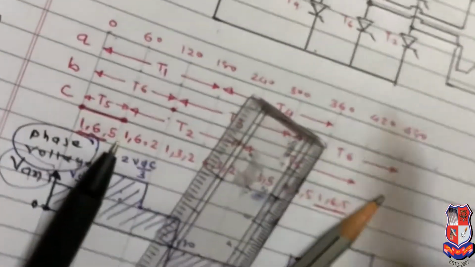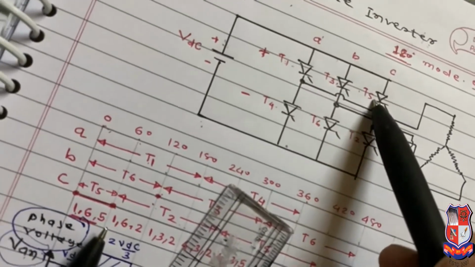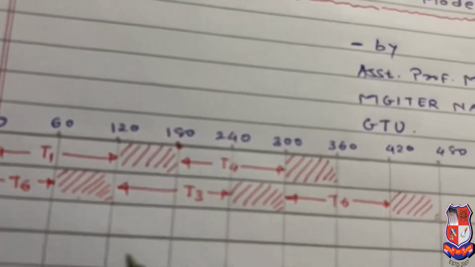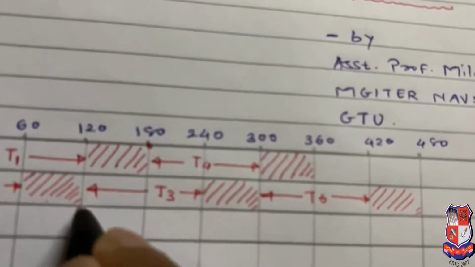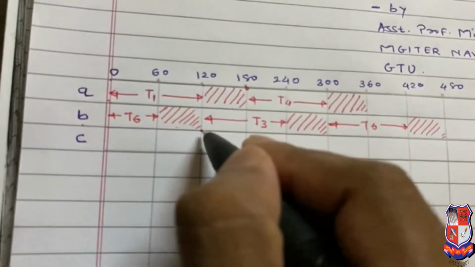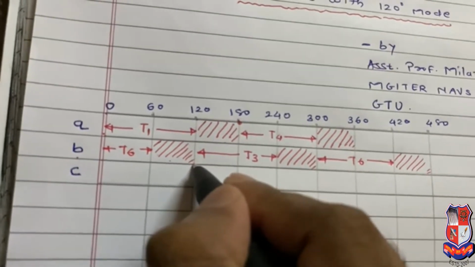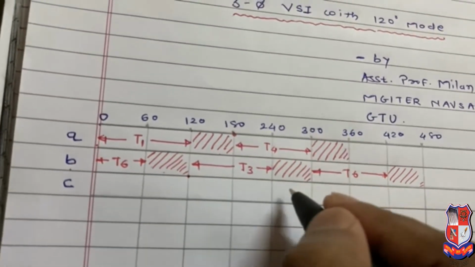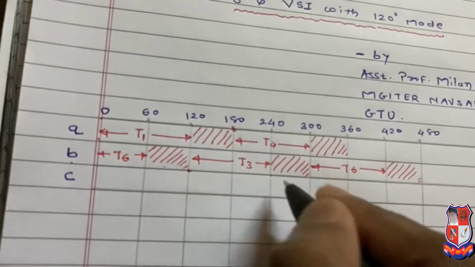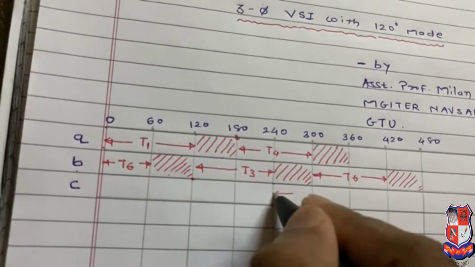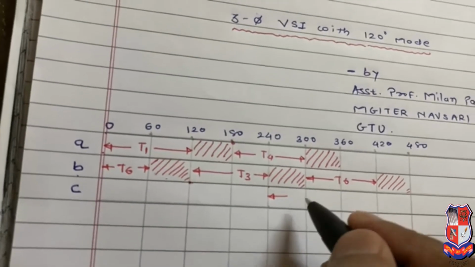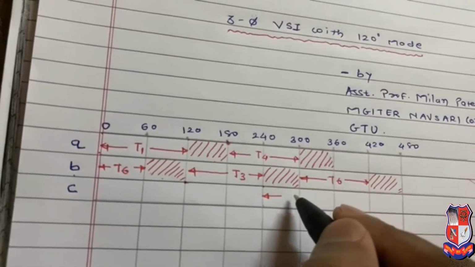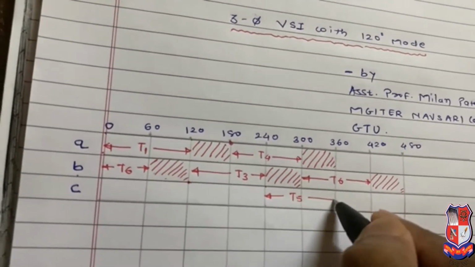Now phase C, this is T5 for positive half cycle, T2 for negative half cycle. So again from T3 it will conduct after 120 degrees, so it will conduct from 240, T5.